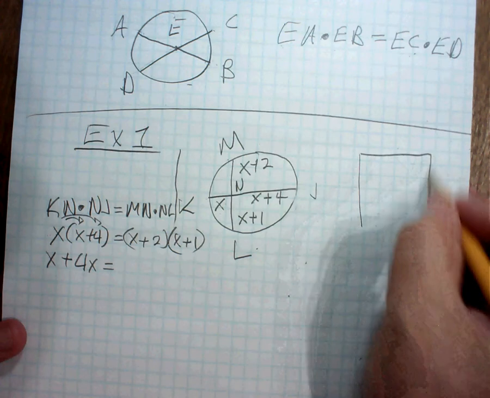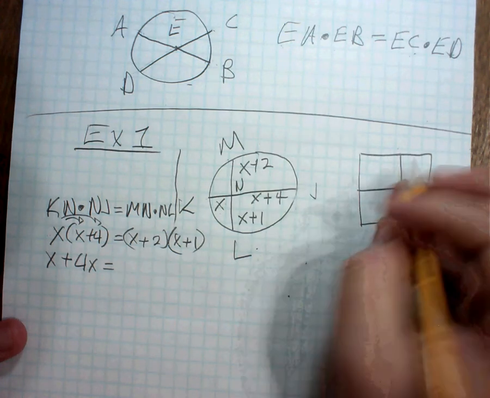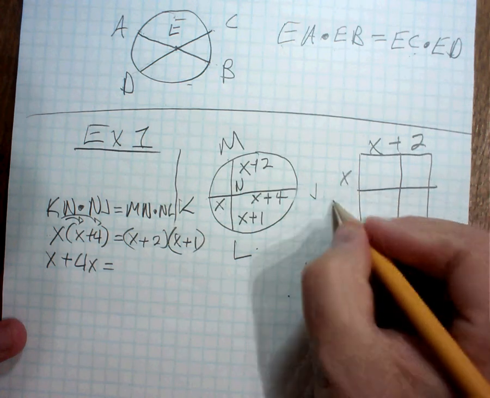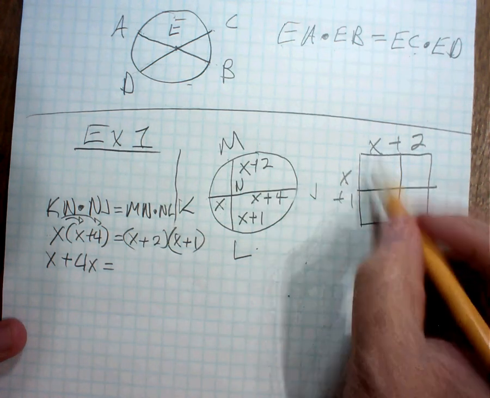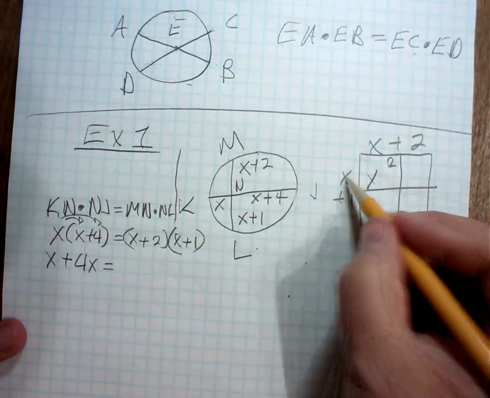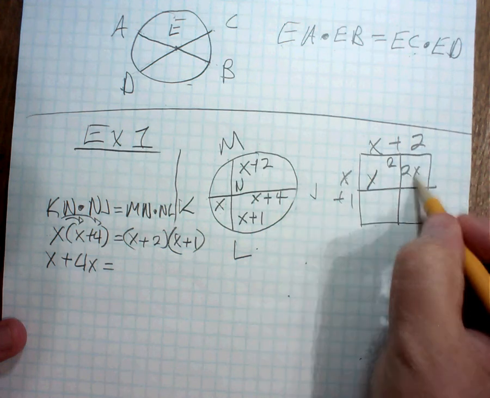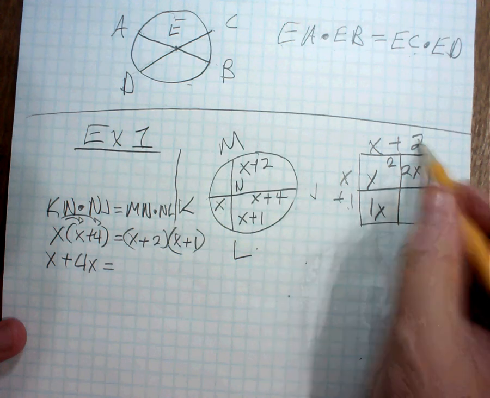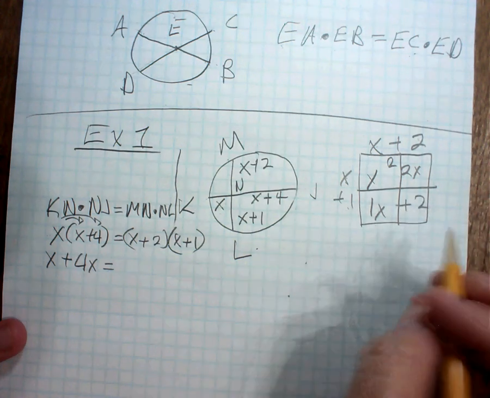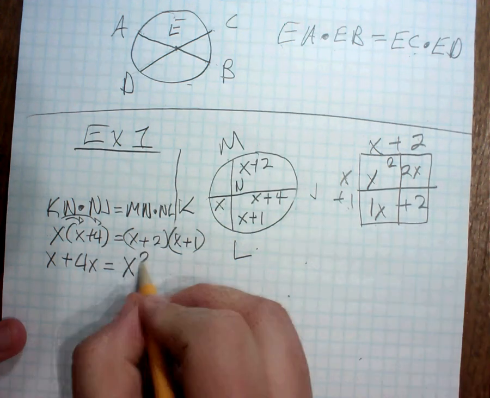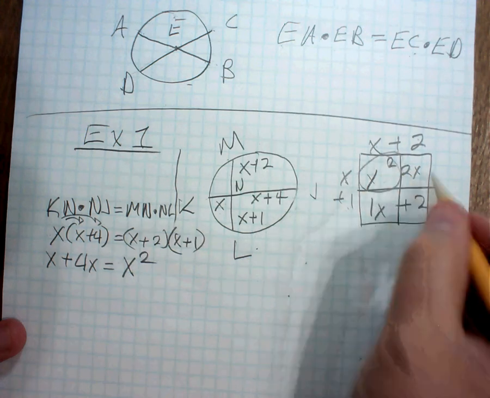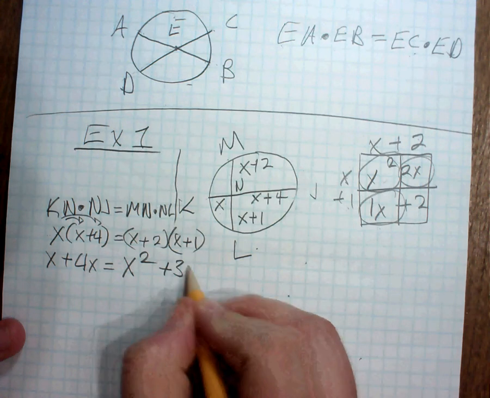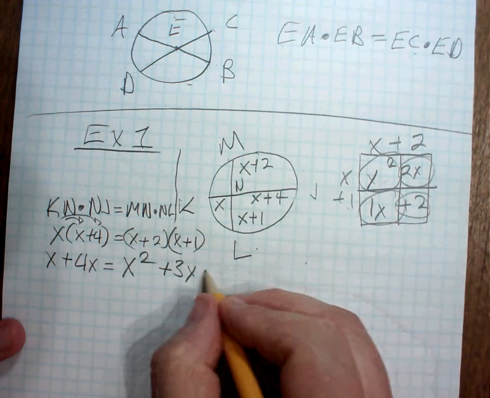I'm going to draw my little box. x plus 2 times x plus 1. X times x is x squared. X times 2 is 2x. X times 1 is 1x. And then 1 times 2 is a positive 2. So this becomes x squared, that's this term here. Then I take my like terms, 1x plus 2x equals 3x plus 2.